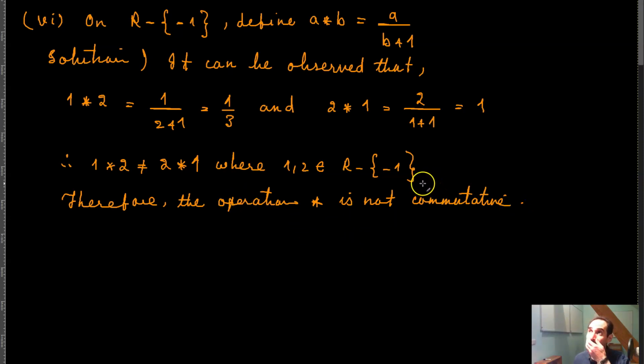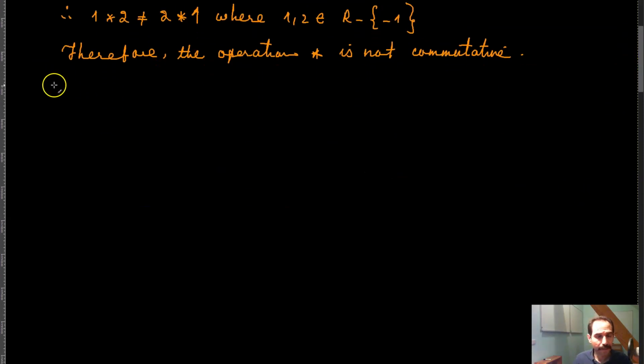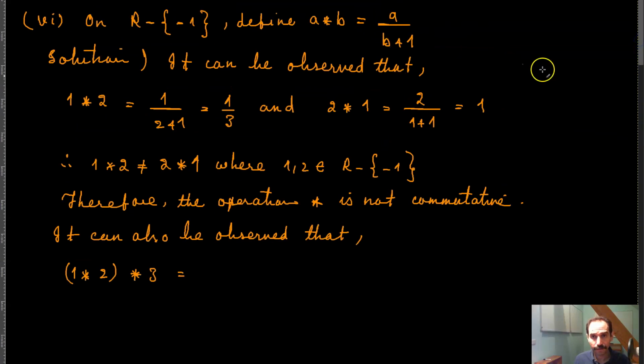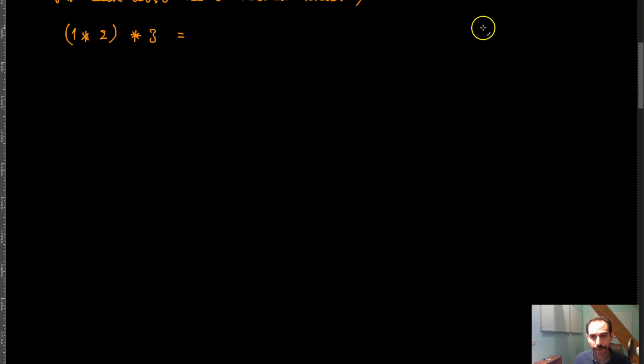Now about being associative, it can also be observed that, for example, 1 star 2 star 3 is the same thing as, so we said that A star B is the same thing as A over B plus 1.